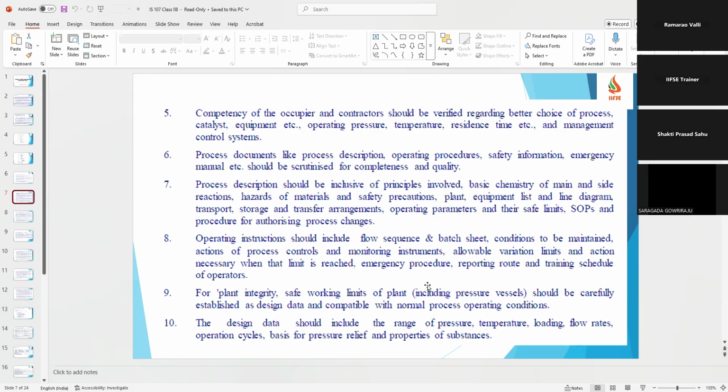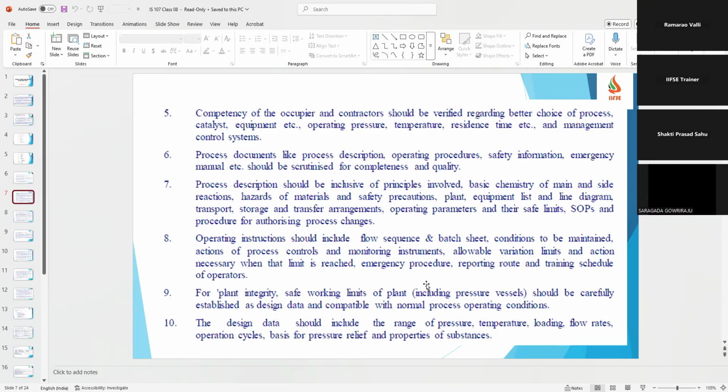So 1 degree plus or minus will be the tolerance, so that the chemical reaction will not change or nothing will happen. That is the allowable variation limit. Even pressure, flow, etc., for everything there will be a tolerance or a threshold, and the actions necessary when that limit is increased, emergency procedures, reporting route, and also training schedule of the operator.